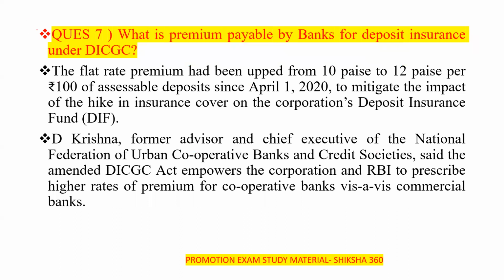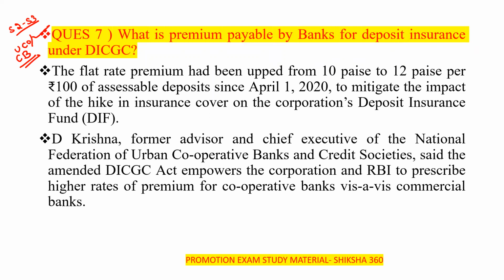Now move to the next question, very, very important. I have already asked this question in Scale 2 to Scale 3, in UCO Bank and also in Canara Bank. What is the premium payable by the banks for deposit insurance under the DICGC?